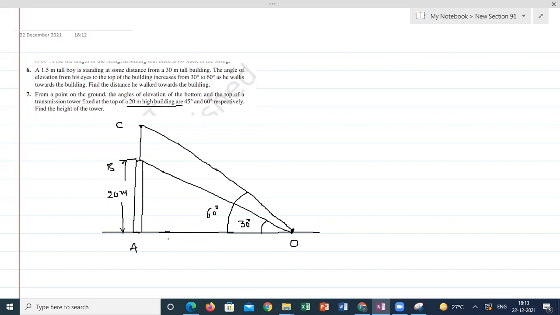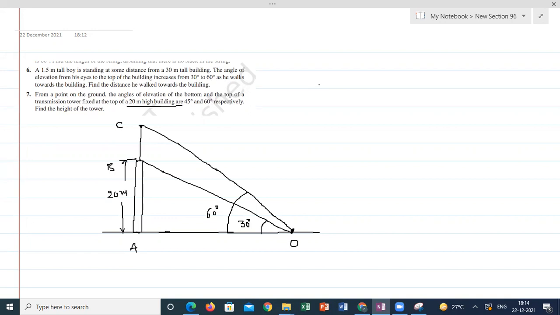Here, there are two right angle triangles, which are OAB and OAC. If you are able to calculate the OA distance, then it will be easy to calculate AC. If I get the AC value, then subtracting AB will give the BC value.